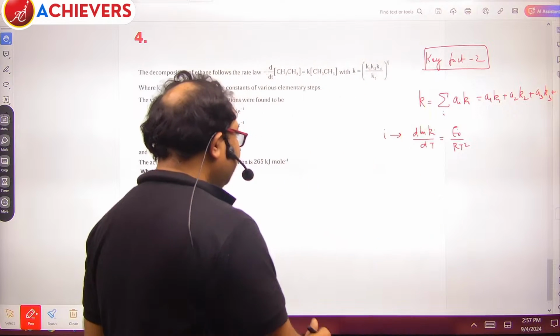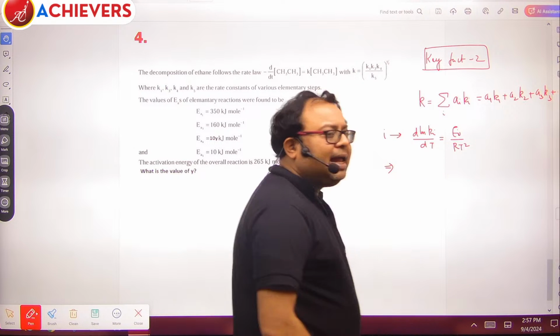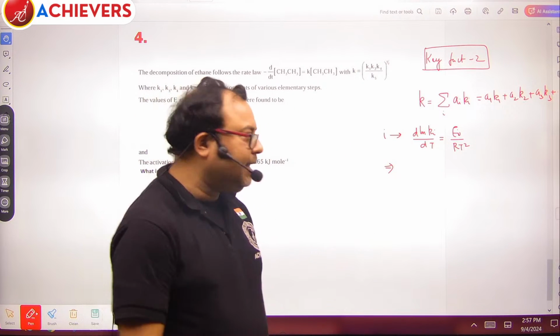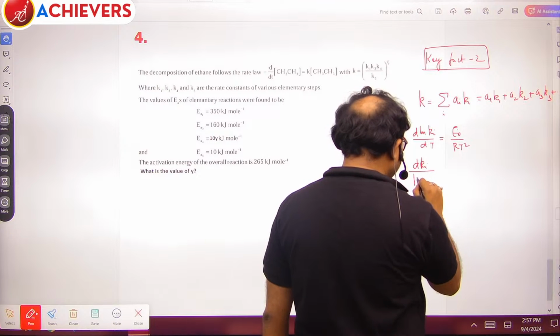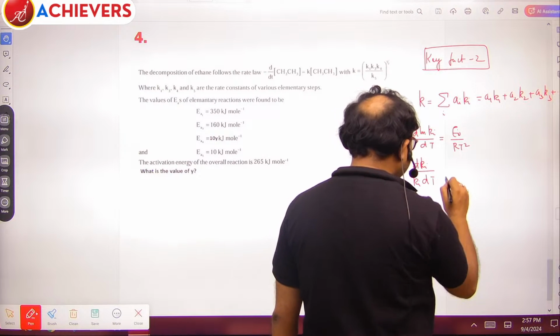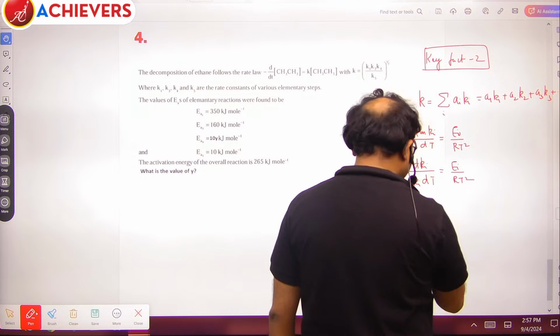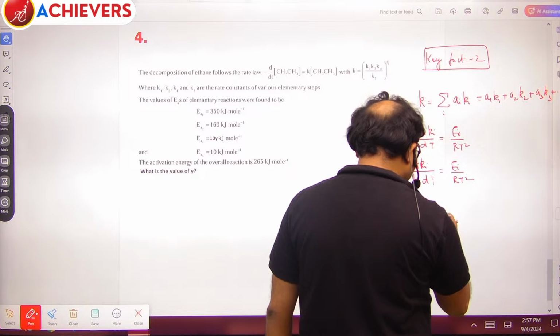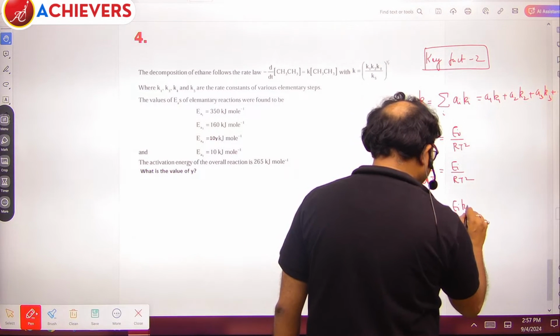What is the trick? You see, d ln Ki is nothing but dKi by Ki. So d ln Ki is replaced by dKi by Ki. dt remains as it is, equal to Ei by RT square. Therefore, dKi by dt equals Ei Ki by RT square.